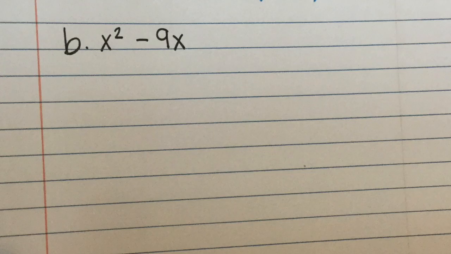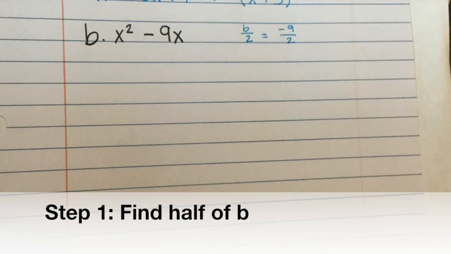All right, in our second example, letter B, we have x squared minus 9x. I'm going to go through this mathematically instead of showing the pictures, but if we wanted to, we could still draw that area model using rectangles to represent this problem. If you recall, step 1 is to find half of b. In this case, b is negative 9, so I'm going to take negative 9 divided by 2, and I'm going to leave it as an improper fraction, negative 9/2.